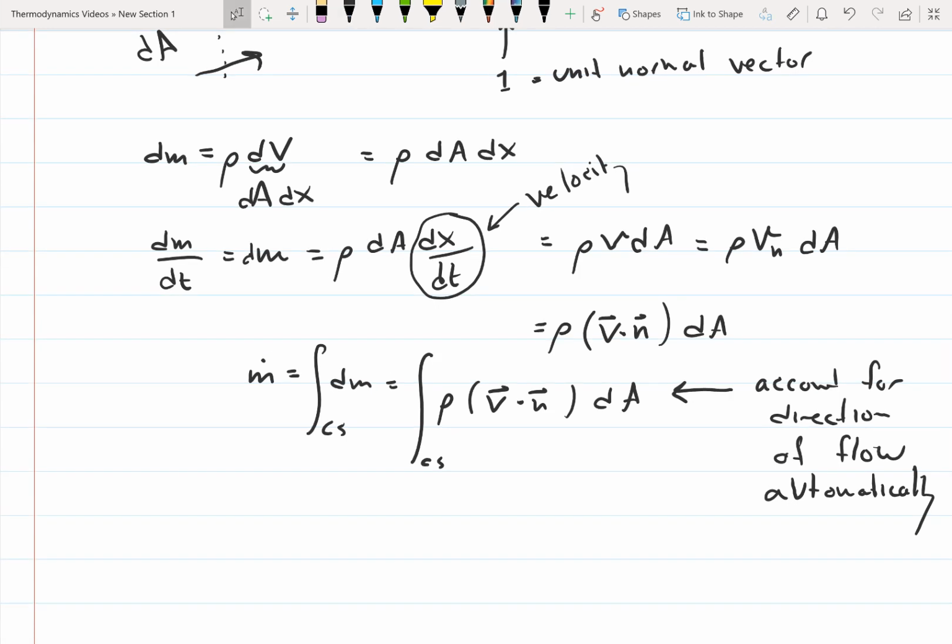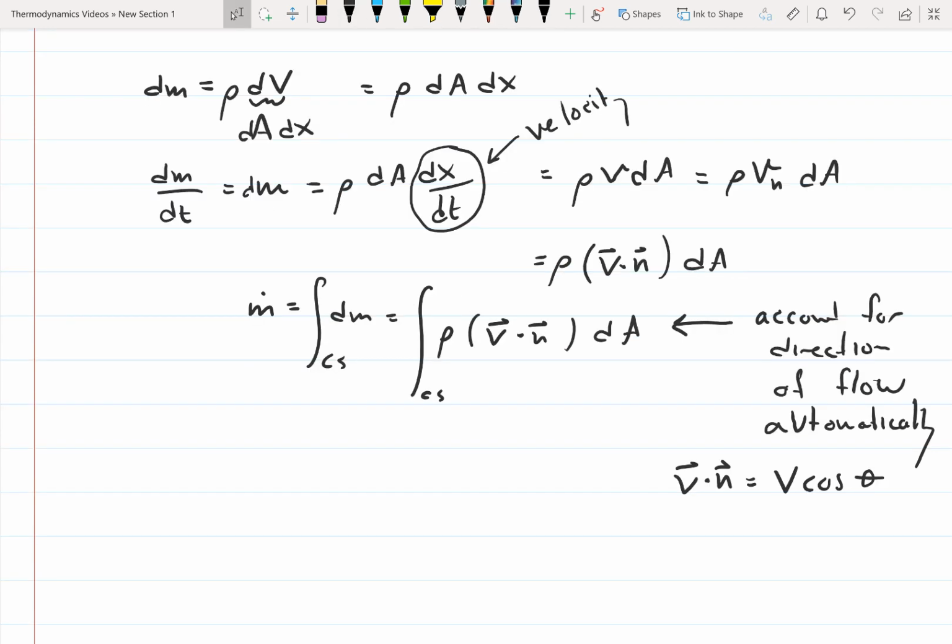So remember the dot product, V dot N is equal to V cosine theta. If theta is 0, the cosine is just 1, so that means that V dot N is equal to just the velocity. And so this basically represents the max flow possible.